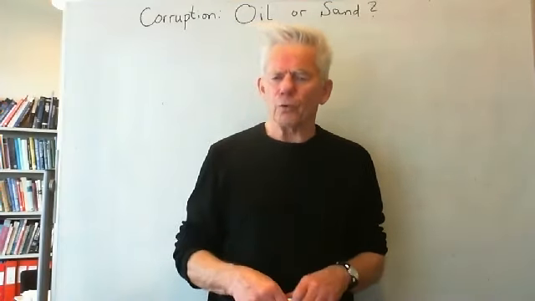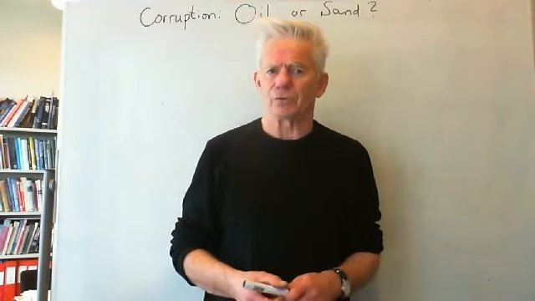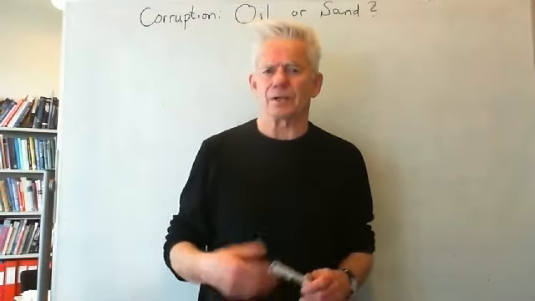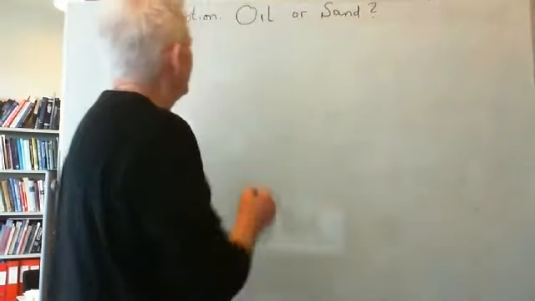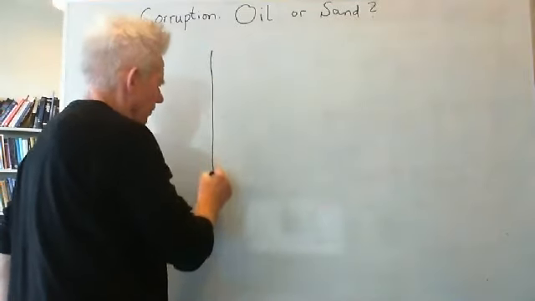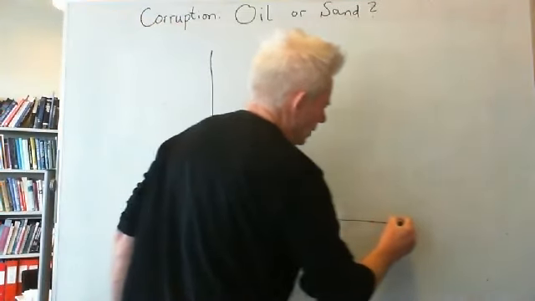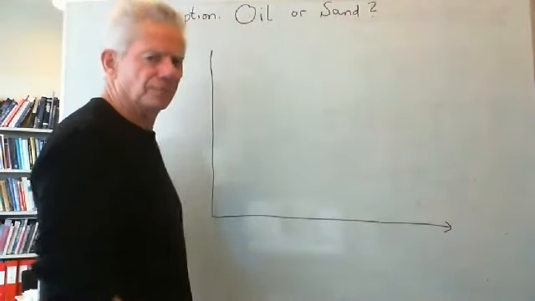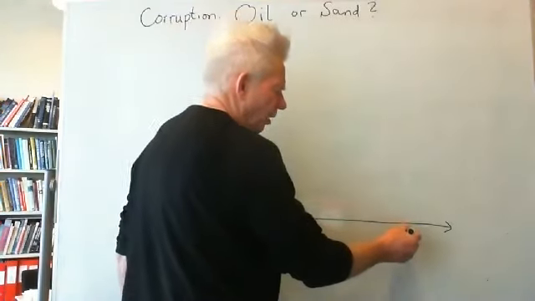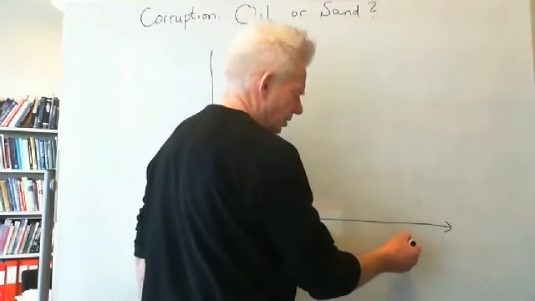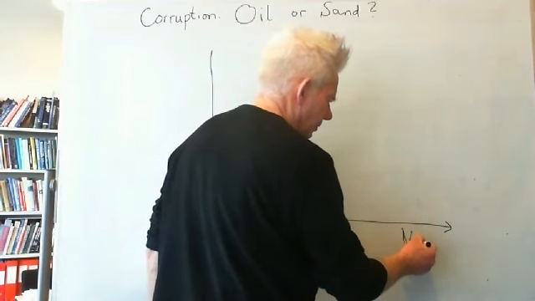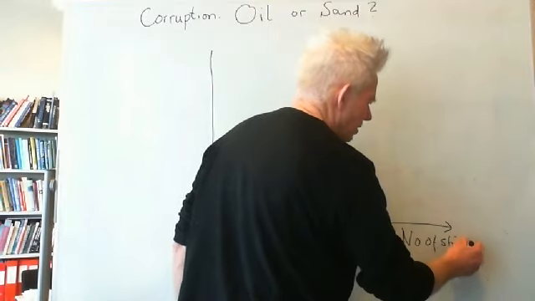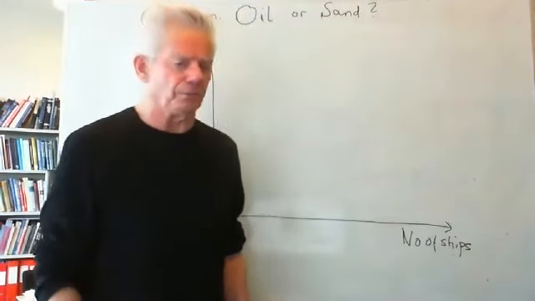So let us now draw a diagram, the usual trick that we have on this course, to see how we can make this situation come alive. We draw a figure here, and the whole discussion today is going to be related to this curve. On this horizontal axis, you have the number of ships, that means the number of ships that enter this harbor.